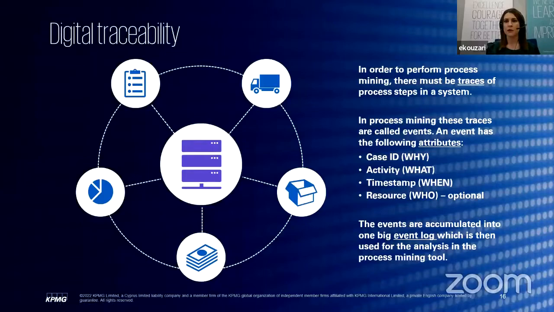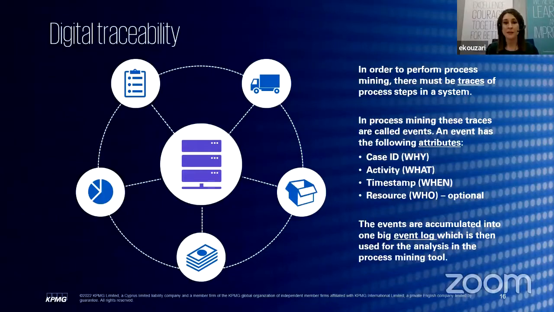In order to be able to execute a process mining activity, we need to have the data captured from the system. So the following attributes are absolutely mandatory in order to be able to form the process map. We need a case ID, the key that will be used to group the activities that are performed.